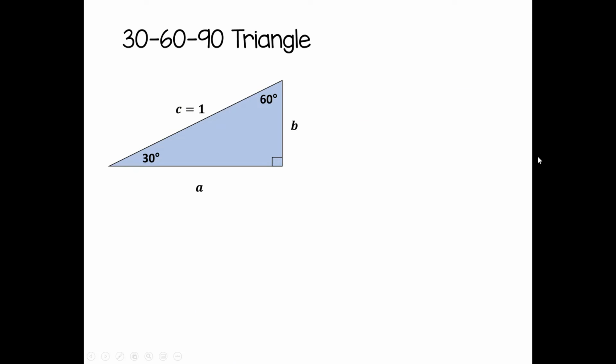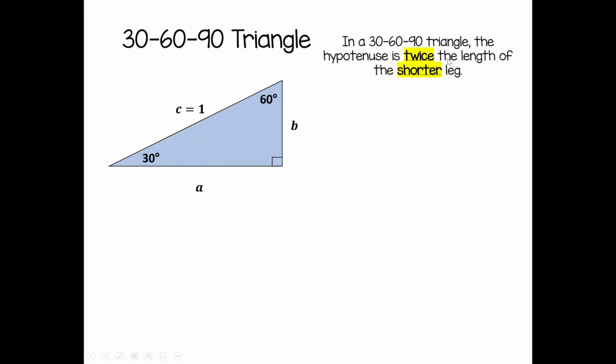Let's move on and review this 30, 60, 90 triangle. So again, I'm going to give the hypotenuse a length of 1. And in our 30, 60, 90 triangle, I'm giving the lengths of the legs different variables because they're not the same length. So we'll call this one A and we'll call this one B. In a 30, 60, 90 triangle, the hypotenuse is twice the length of the shorter leg.